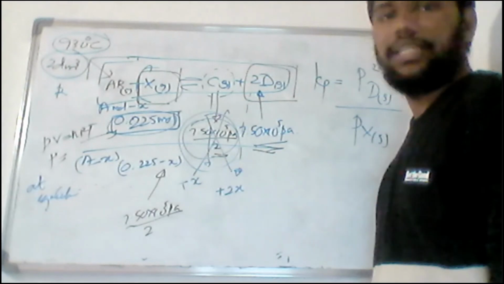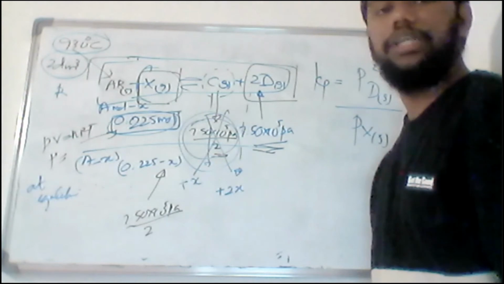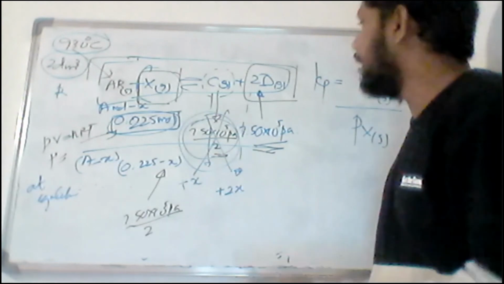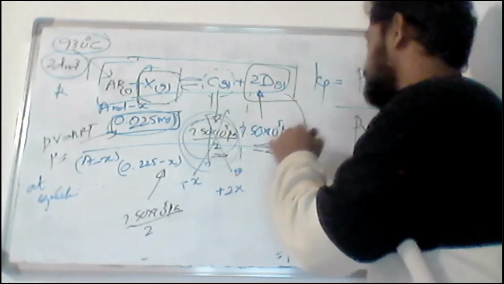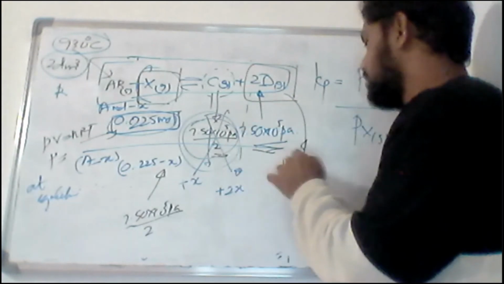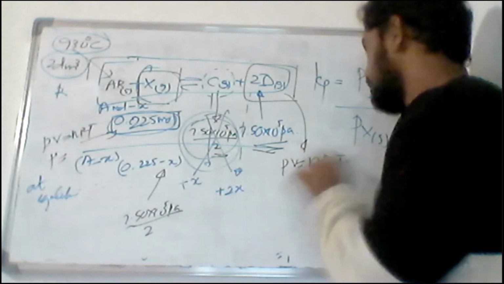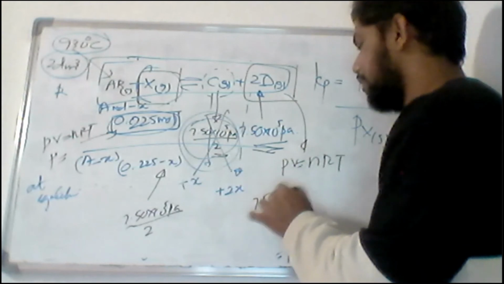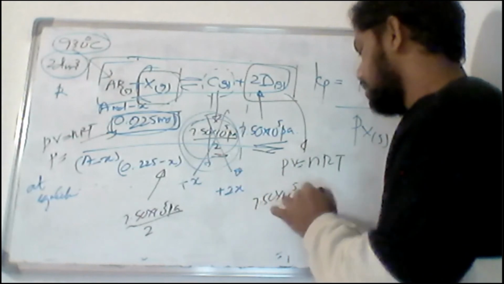You have many methods, but you need to find which one is good, because here if you apply this partial pressure, which you already know, for PV equals nRT for D, you know the pressure 7.5 into 10 to the power 5 Pascal.